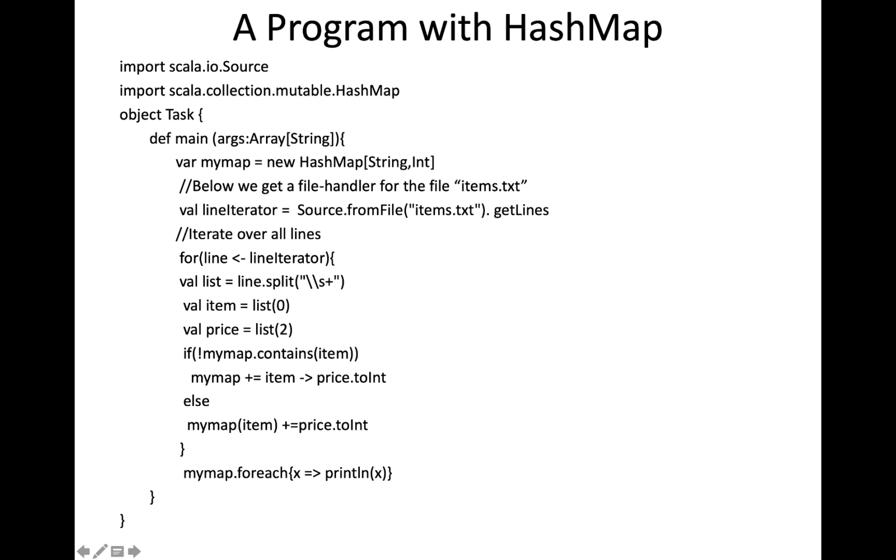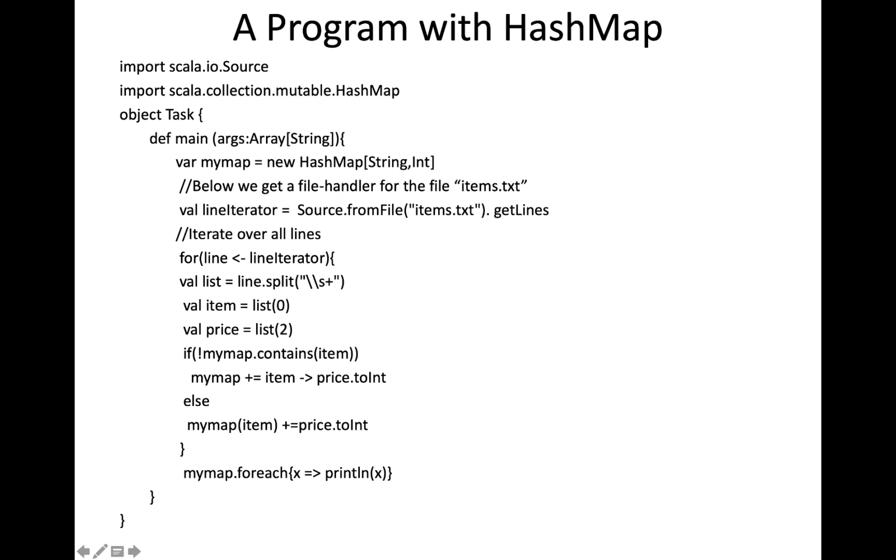Now just this one line can read from this text file and can give you all the lines in the file. So after this line is executed, you have all the lines in the text file which you are trying to process, and that is now stored in this variable line iterator. Then use a for loop which can go over each line in that line iterator, right?